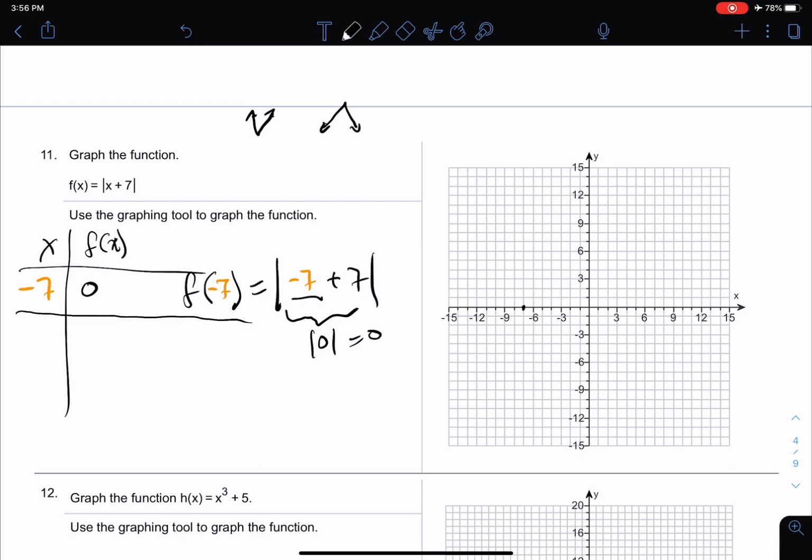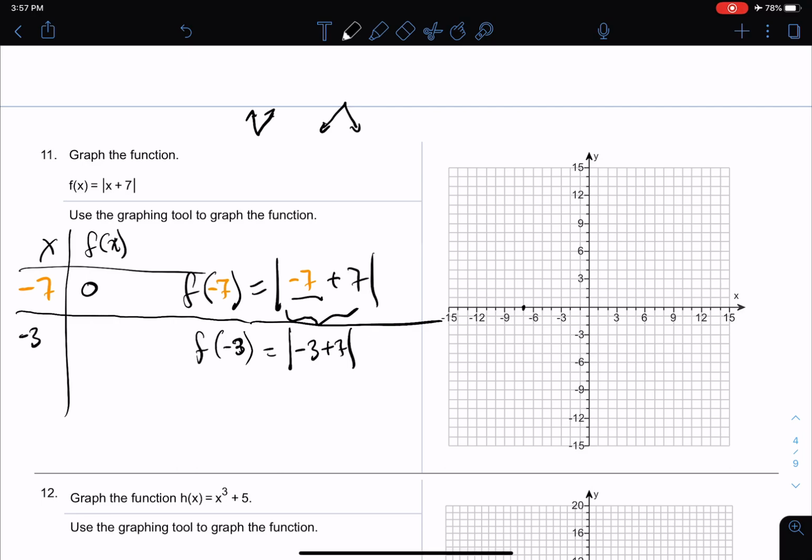Let's pick a point to the right. How about, I don't know, how about -3? I'm kind of running out of space because I think I'm going to erase some of that so I have some space to work here. So f of -3, and then I'm going to use my formula, which is absolute value of -3 plus 7.